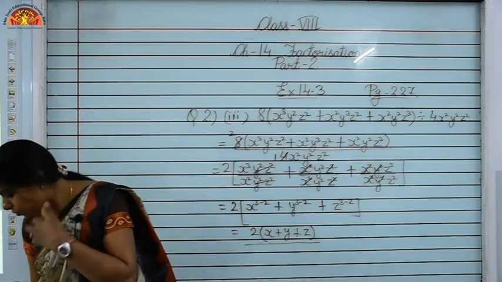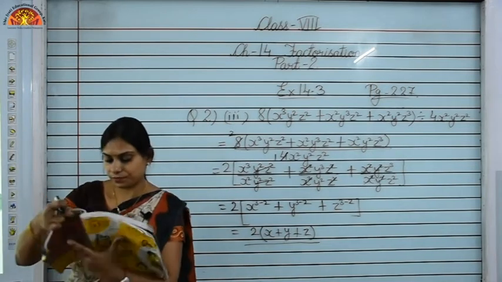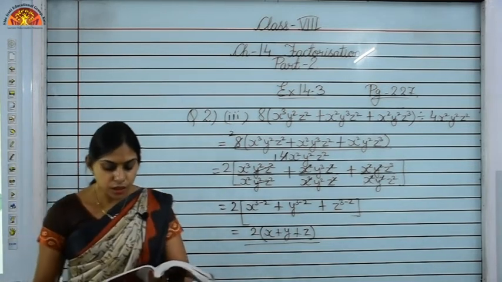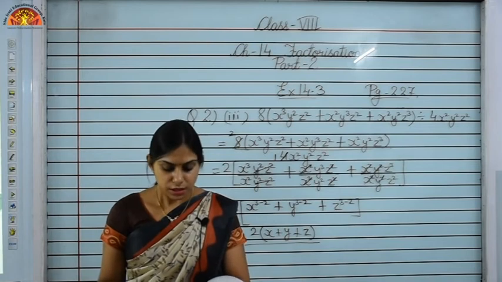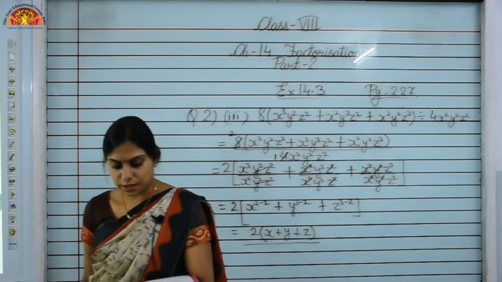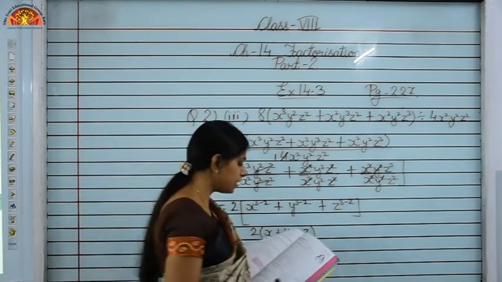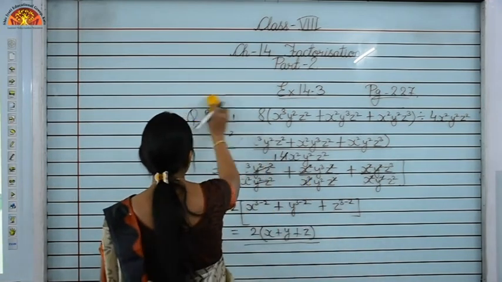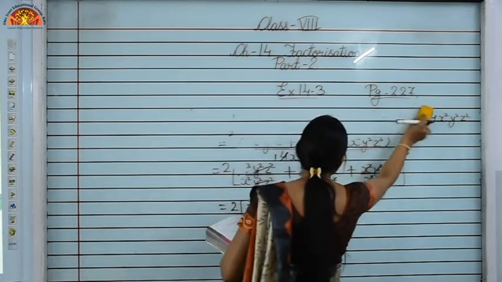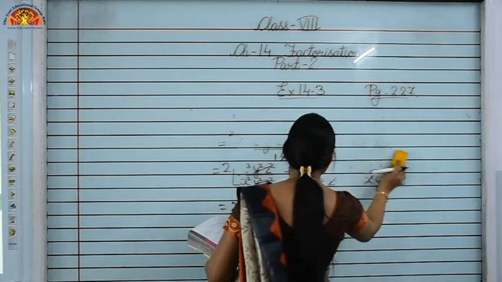Now we will just see the next question, that is question number 3. Work out the following division. So just see children, first part, that is 10x minus 25 whole divided by 5. I hope children you are getting.